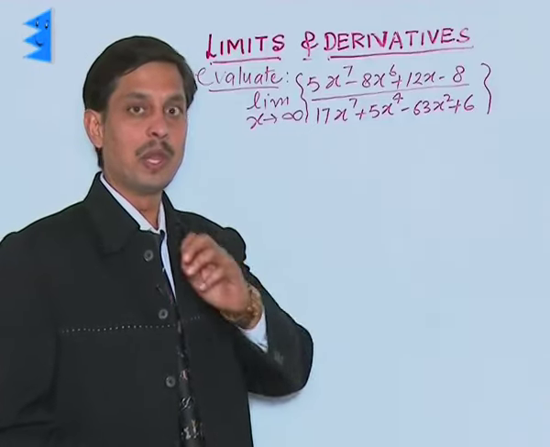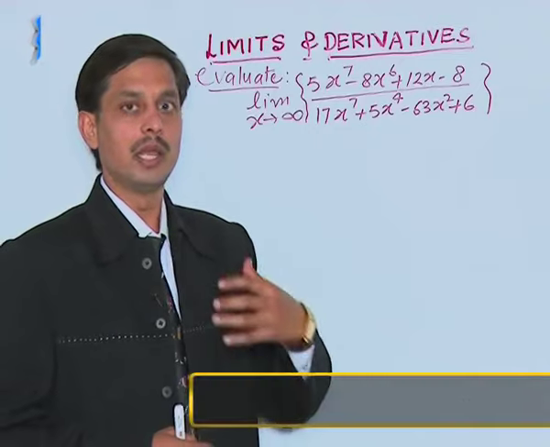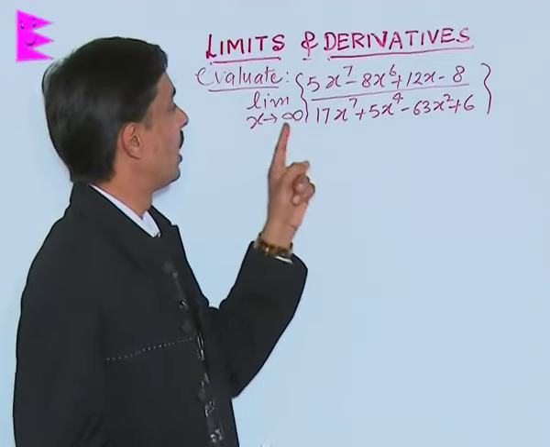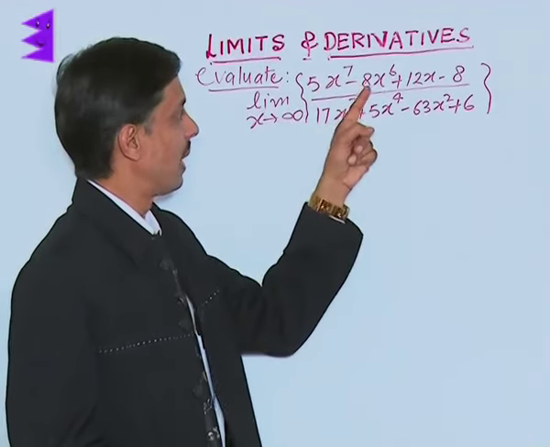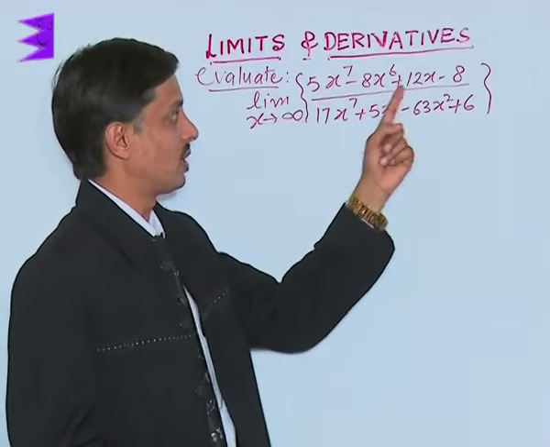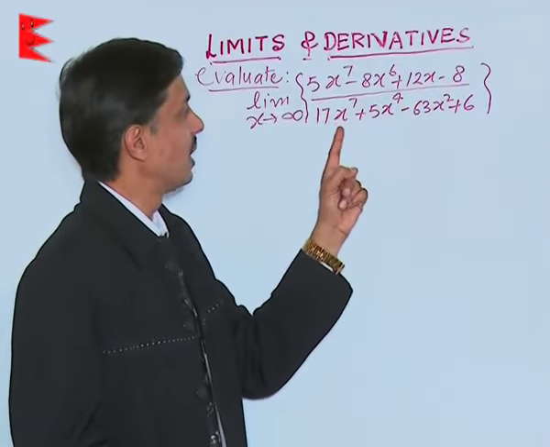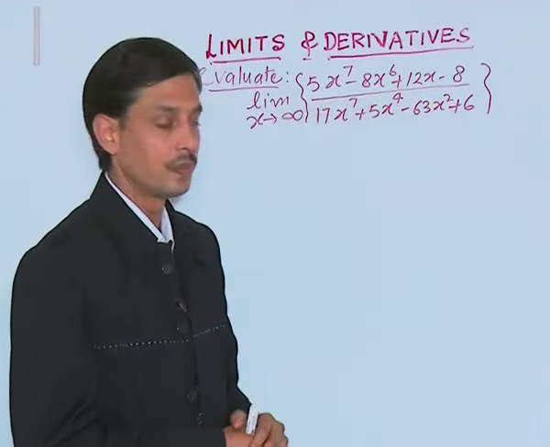Now I am explaining one problem where the limit is tending to infinity. Evaluate limit x tending to infinity of (5x raised to the power 7 minus 8x raised to the power 6 plus 12x minus 8) upon (17x to the power 7 plus 5x to the power 4 minus 63x square plus 6).